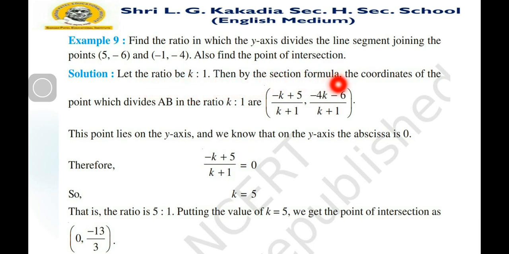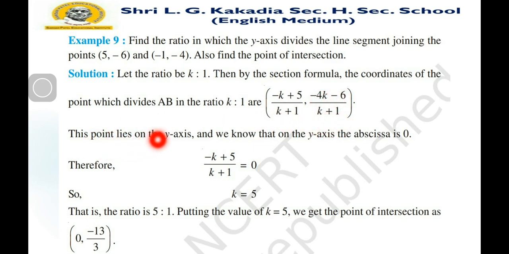Then by the section formula, the coordinates of the point which divides AB in the ratio k is to 1 are (x, y) = ((kx2 + x1)/(k + 1), (ky2 + y1)/(k + 1)), that is, (-k + 5)/(k + 1) and (-4k - 6)/(k + 1).